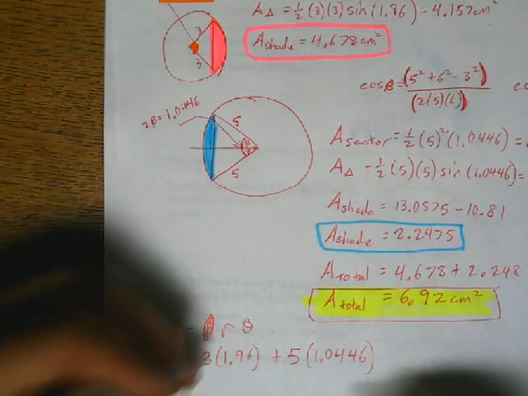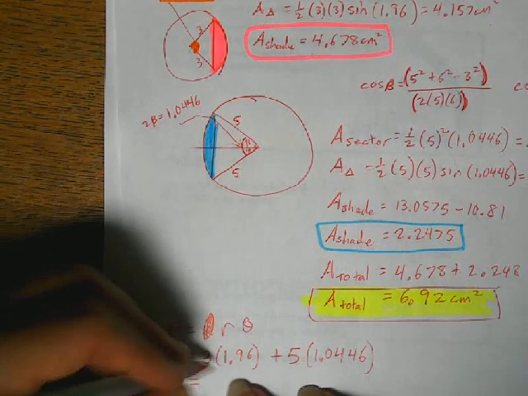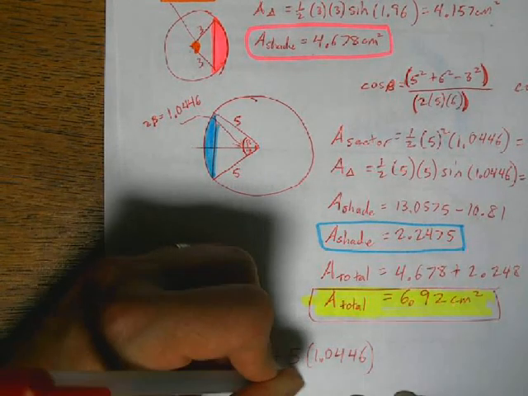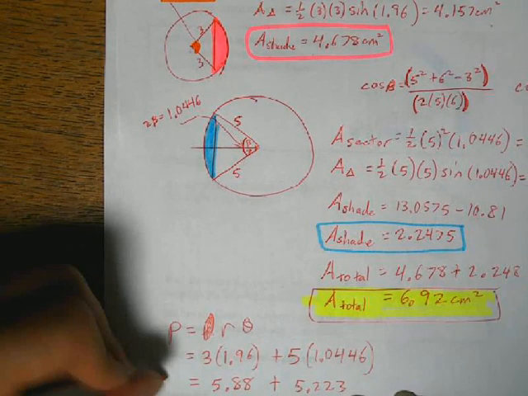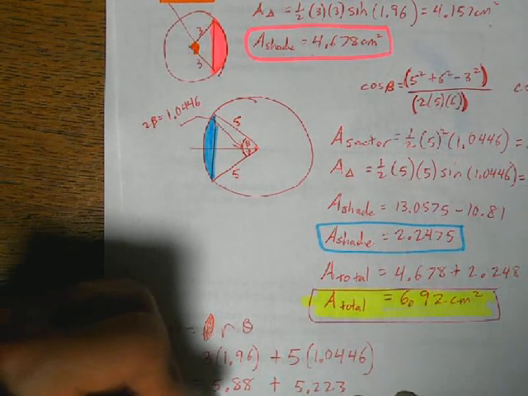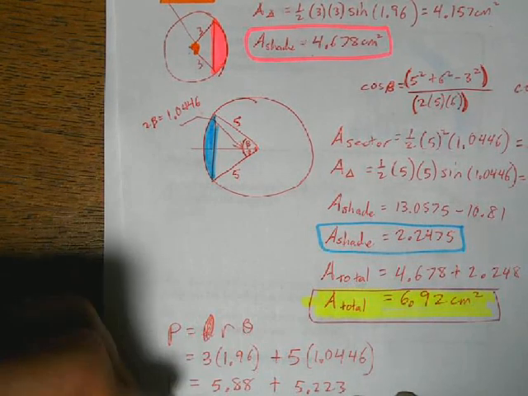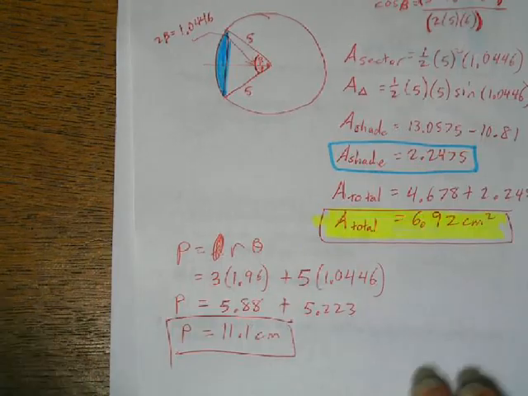So I add those all together. This gives me 5.88, and this gives me 5.223, and I add those together, and my perimeter is 11.1 centimeters in length. And that's how you do number 6.